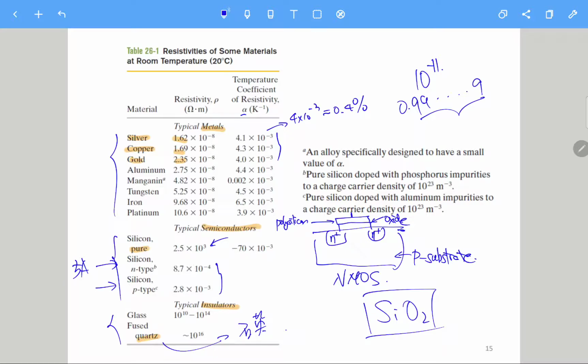Or we can add some 3A element to the silicon, so that it will have one less electron at the valence band. In this case, it will look like a hole, because usually we need to have 8 electrons at the valence band. However, it's one less, so that an electron can move to that empty space. So it is just like a free electron, but the other way around, it is called a hole.